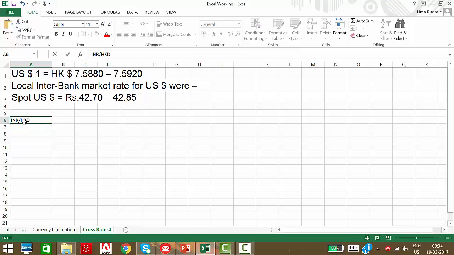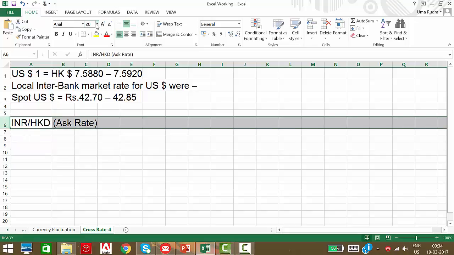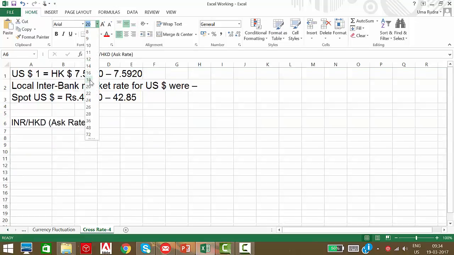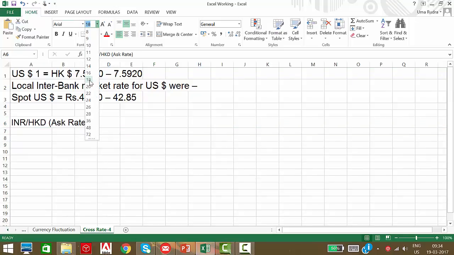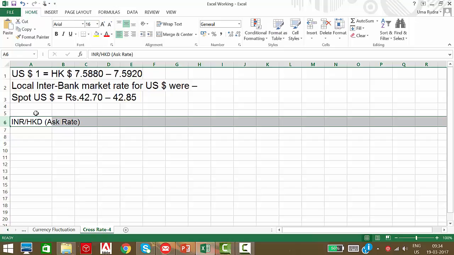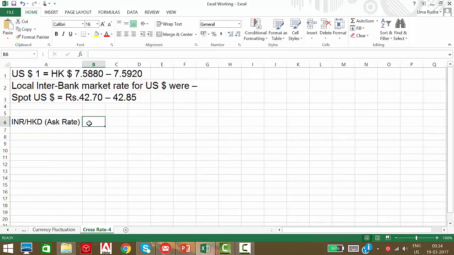So we need to determine this rate INR per HKD and the relevant rate. Yes, you are right. It would be the ask rate. We need to determine that.